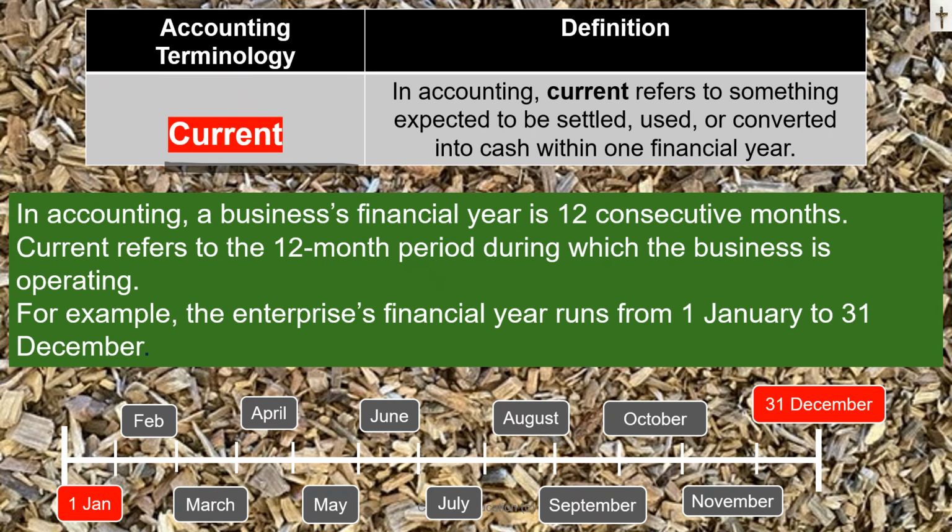What does current mean? Current means the 12 months that the business is operating in or reporting on. For example, the 1st of January to the 31st of December. One financial year, 12 months. And like I said, it can be any 12 months in a row.